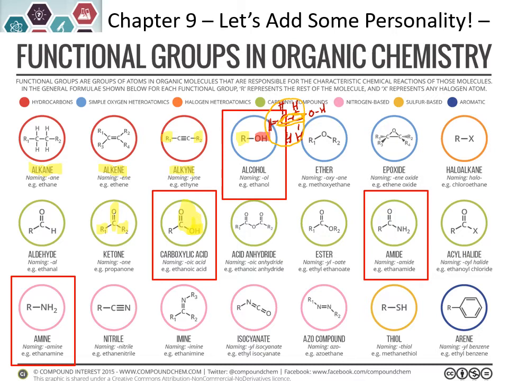It's still got this carbon double bonded to the oxygen, no OH, and it's between two carbons. That makes this a ketone. If we have carbon double bonded to an oxygen with just a hydrogen, again, this is a different type of functional group called an aldehyde.